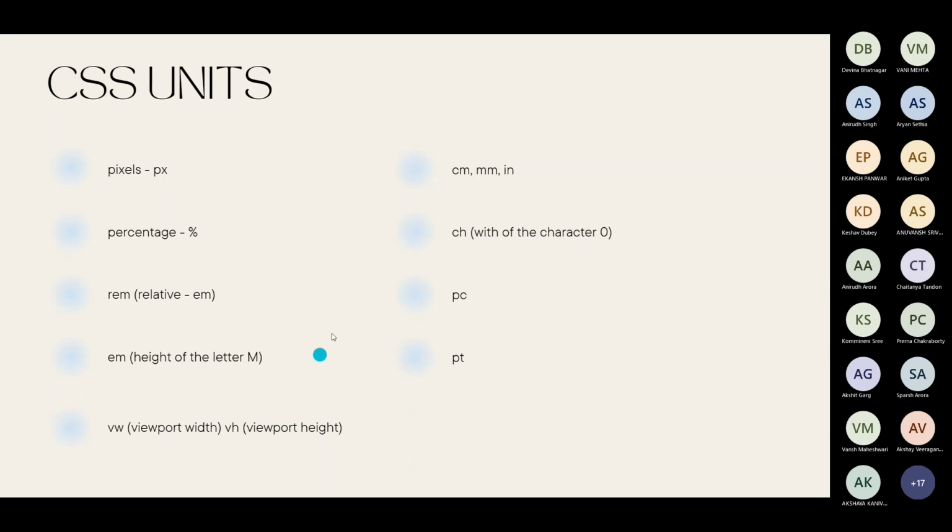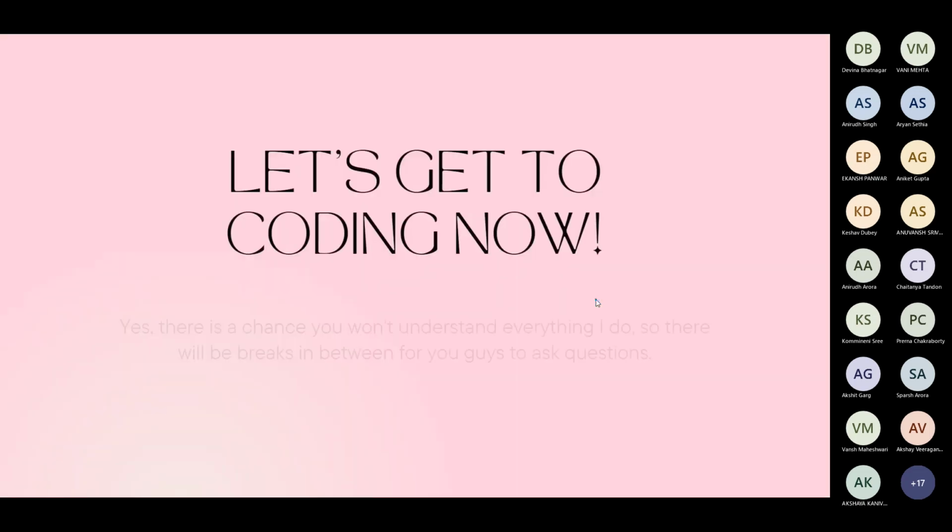And these are units that are hardly used. I've never used them personally. So these are centimeter, millimeter, and inch. Yeah, but don't use them, you won't find them required.